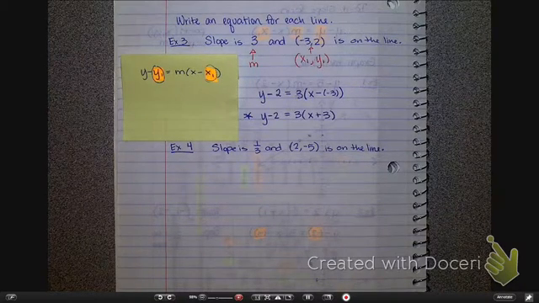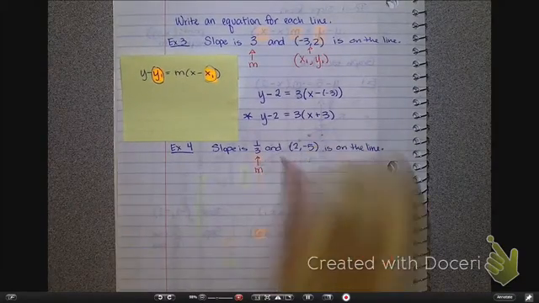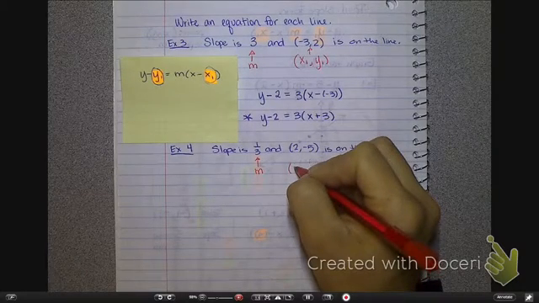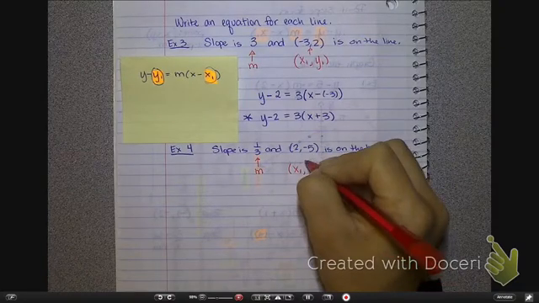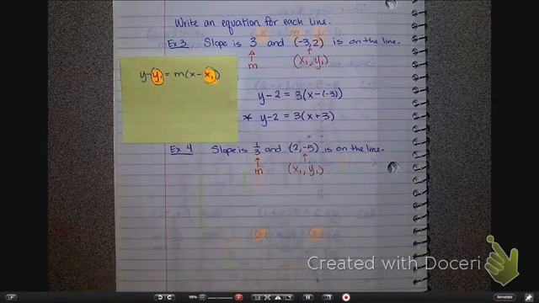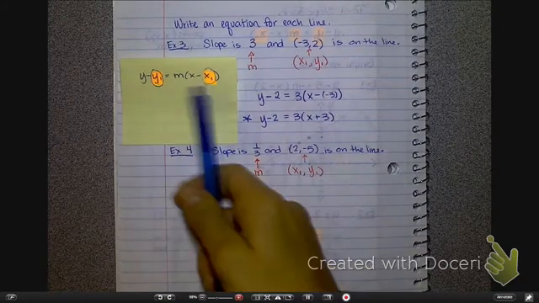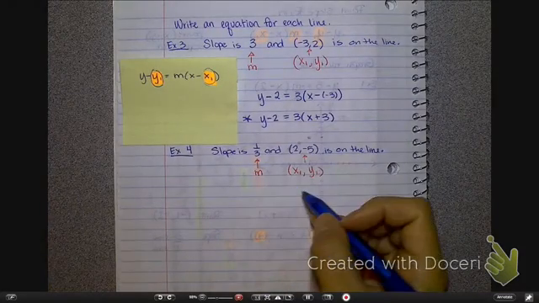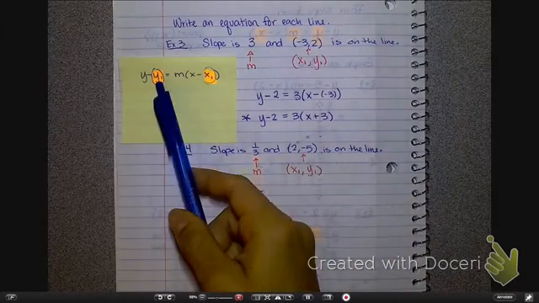All right, so what's your value of m that you have here? 1/3. Okay, which one's your x1? 2. Which one's your y1? -5. All right, so now let's plug these things into all that stuff, right? Okay, so we're going to get y minus, what was y1?